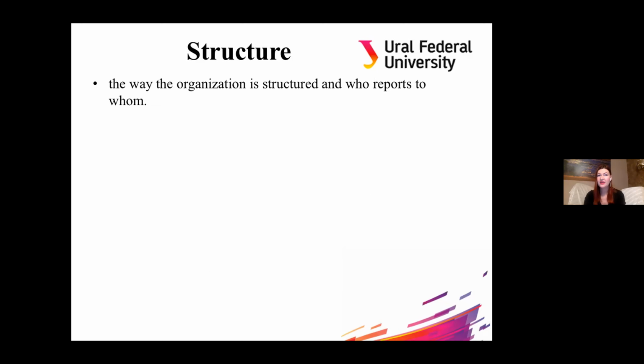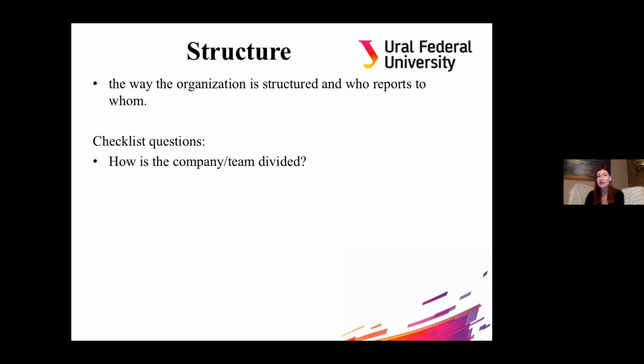Structure: the way the organization is structured and who reports to whom. So this organizational structure, this big scheme where it's written who is aware of something and who is the most important person in the company, who makes all decisions and so on. Checklist question: how is the company team divided?